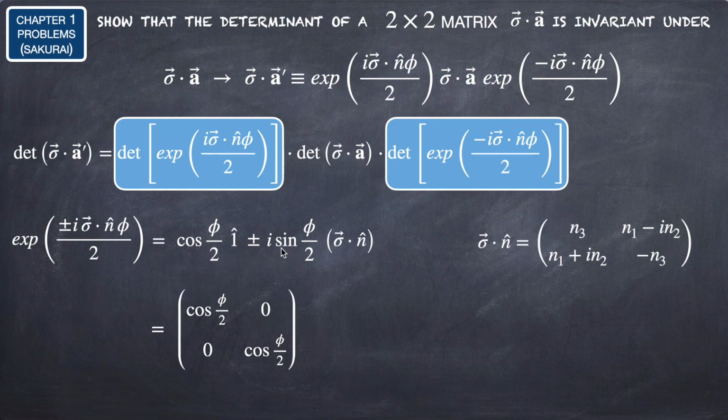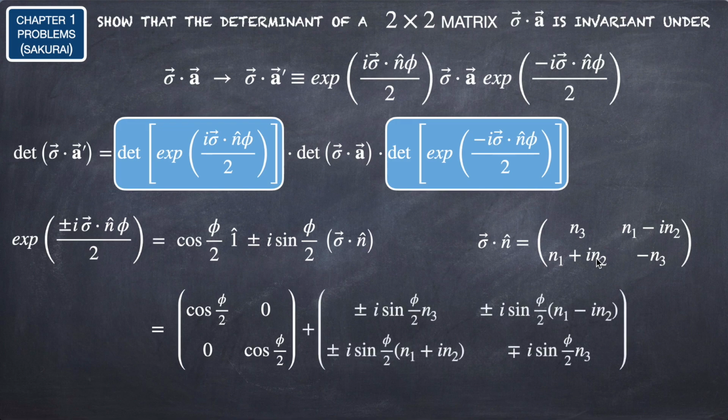And before writing this term, let's observe that sigma n is equal to n3, minus n3, diagonal elements, n3 multiplied by sigma 3. And then n1 multiplied by sigma 1 will give us this n1 and n1 here, the off-diagonal elements. And n2 multiplied by sigma 2 will give us minus I n2 and plus I n2.